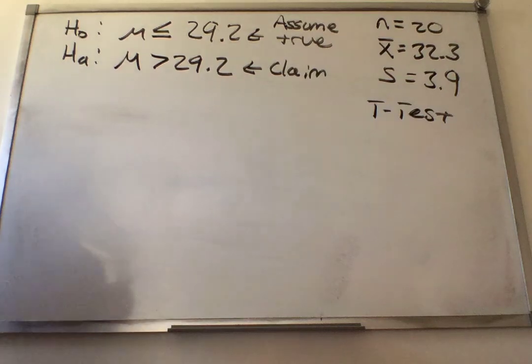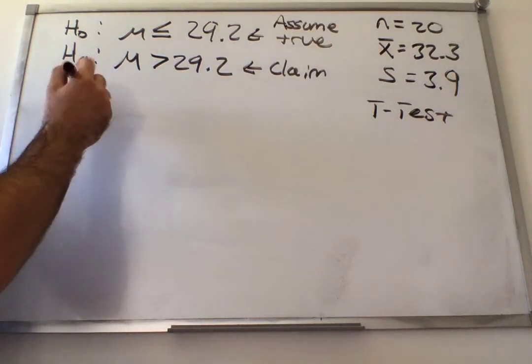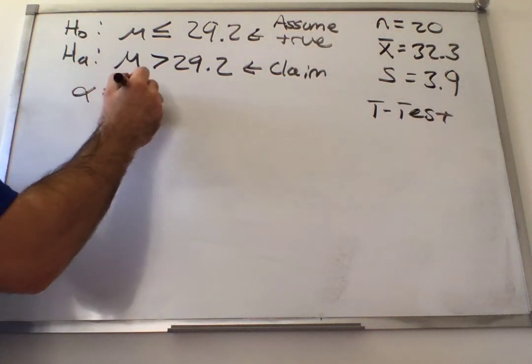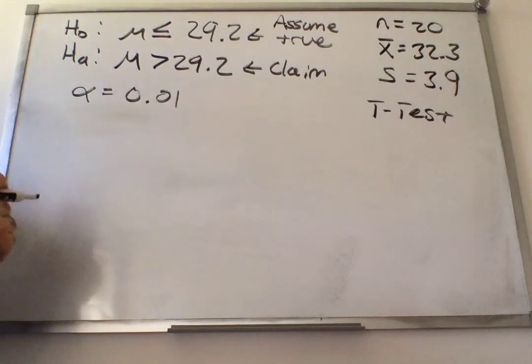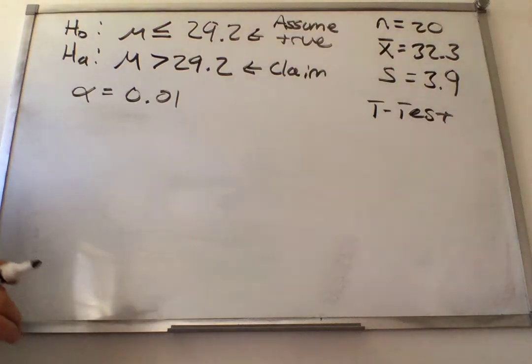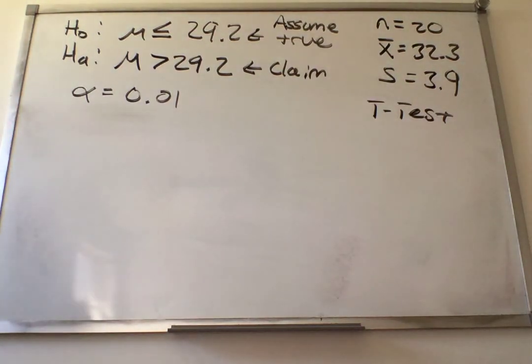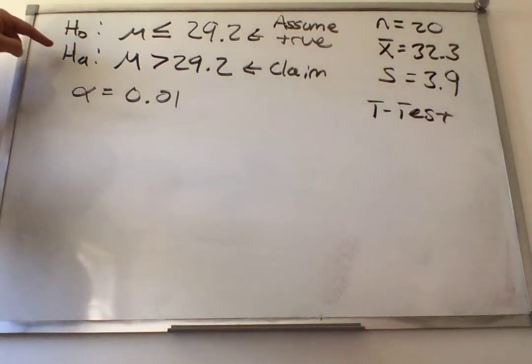Now, we need to determine the level of significance, alpha. They told us to use 0.01. That should be easy. You just copy it from the problem. They always tell you the alpha. Now, is this a left tail test, right tail test, or a two tail test? We get that from looking at our alternative hypothesis.